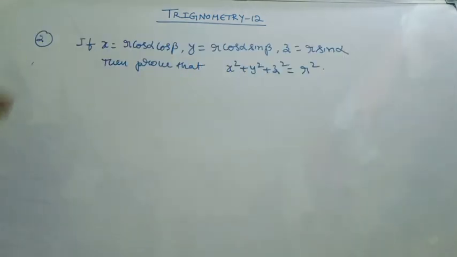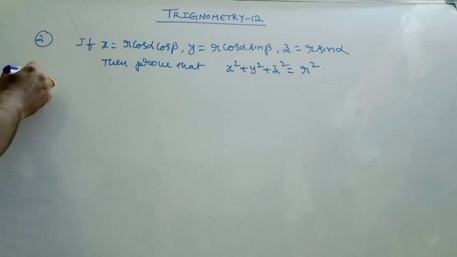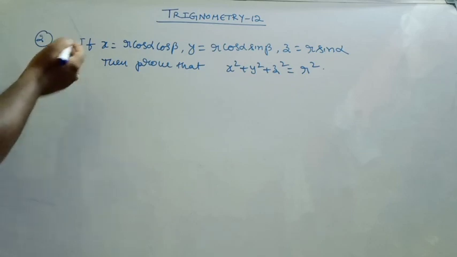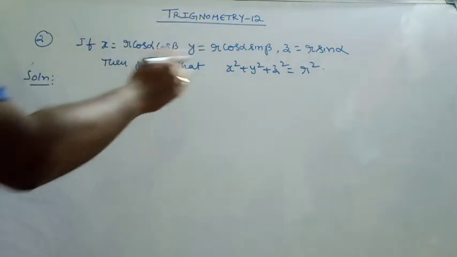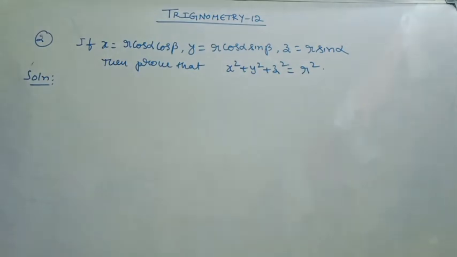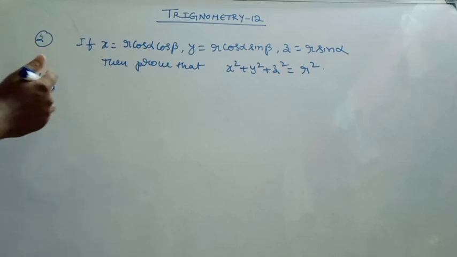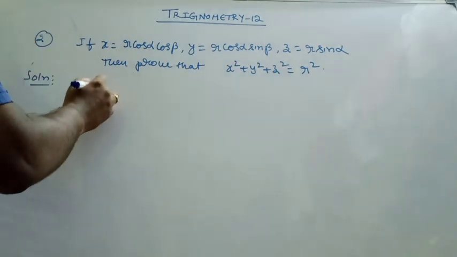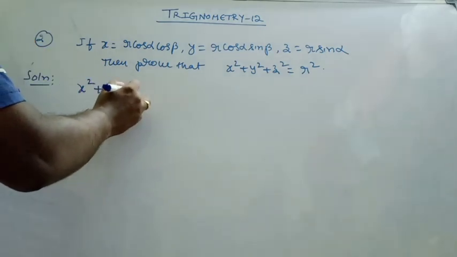The next problem, this problem also many students are asking as a doubt. In this problem, they have given x, y, z, and we need to prove x square plus y square plus z square is equal to r square. It is very simple, my dear students. You take as usual the left hand side, x square plus y square plus z square.